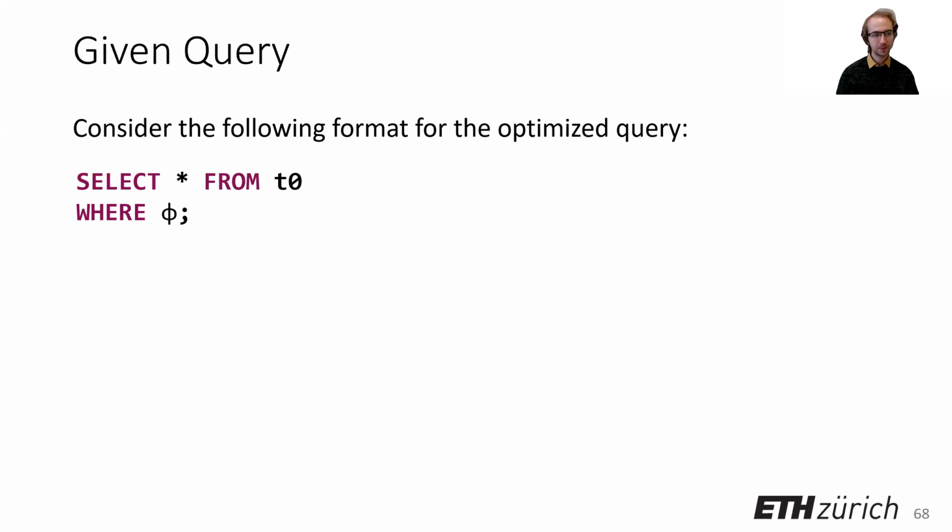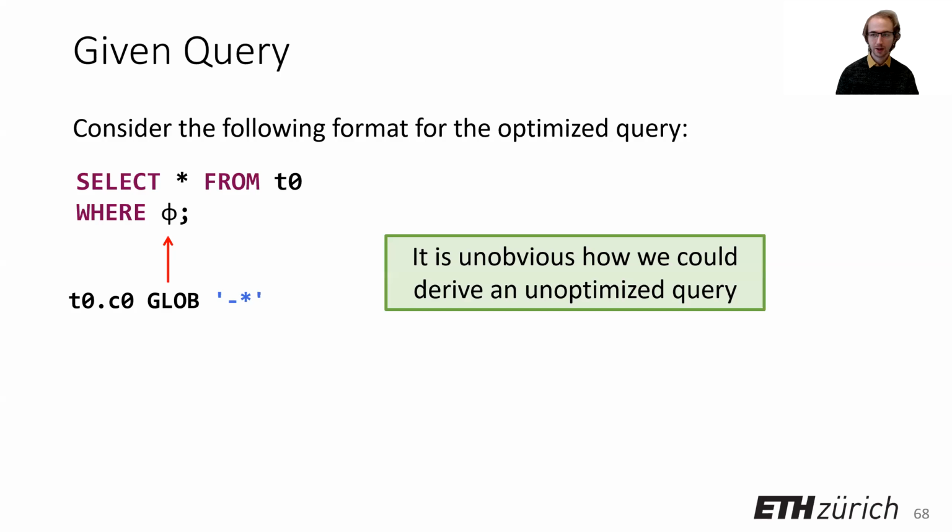Let us assume a concrete format for the optimized query, namely that we select all records from this table T0. Actually, the approach would also work for multiple tables, where the predicate phi relates to true. In our motivating example, phi corresponds to the regular expression. It is very unclear how we could derive an unoptimized query from this kind of optimized query format.